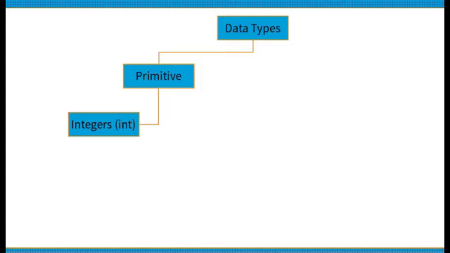Apart from that, right now we have one disadvantage. In an integer we can't store decimal values, so we require another primitive data type that helps us store decimal values in memory. For that the decimal data type came into the picture.